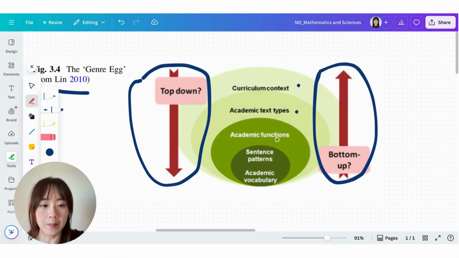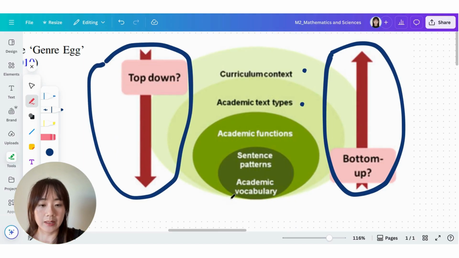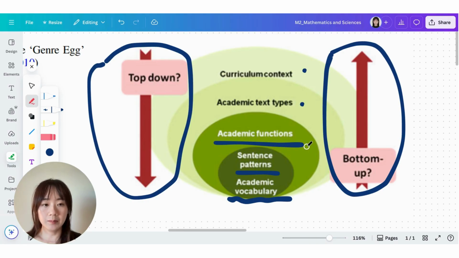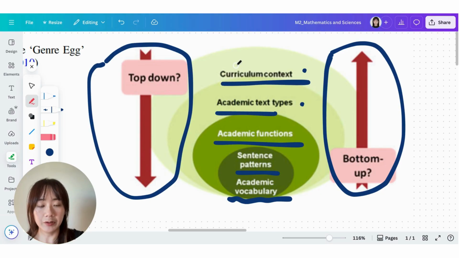If we understand it bottom-up, it means we can deconstruct the text starting from the most inner side of the genre model, which is the vocabulary level, followed by the sentence level, and then the academic functions, like whether it is used to describe something or shows the sequence of something, followed by the academic text types, like a historical recount, an experiment, an explanation, or a descriptive biology text, and then followed by the curriculum context. This is the outermost layer of the genre model.